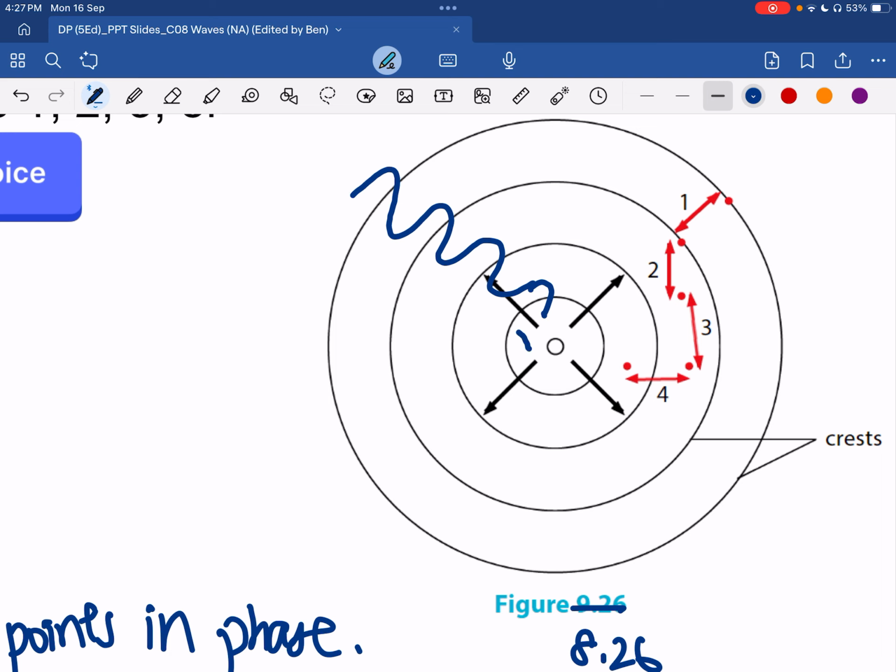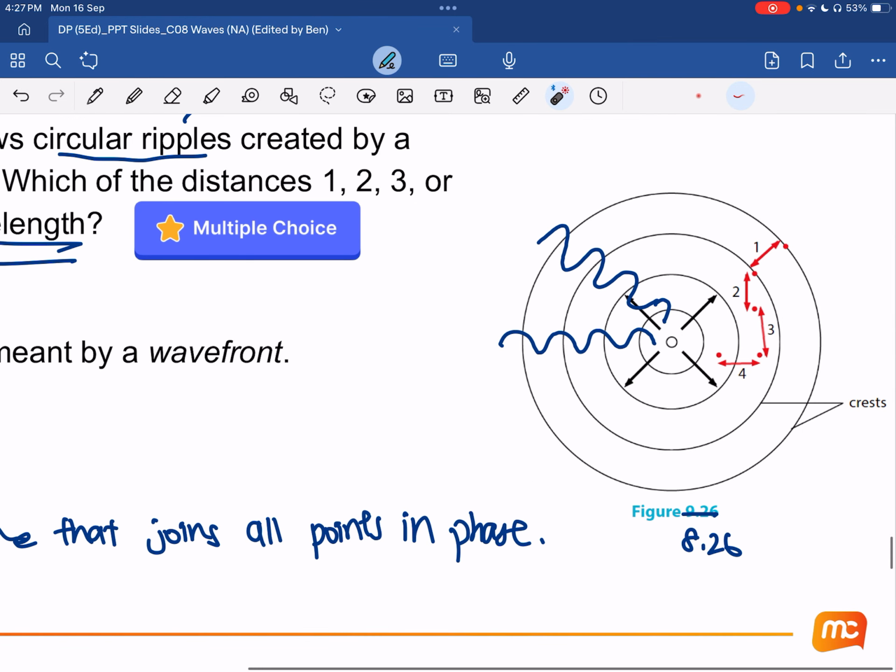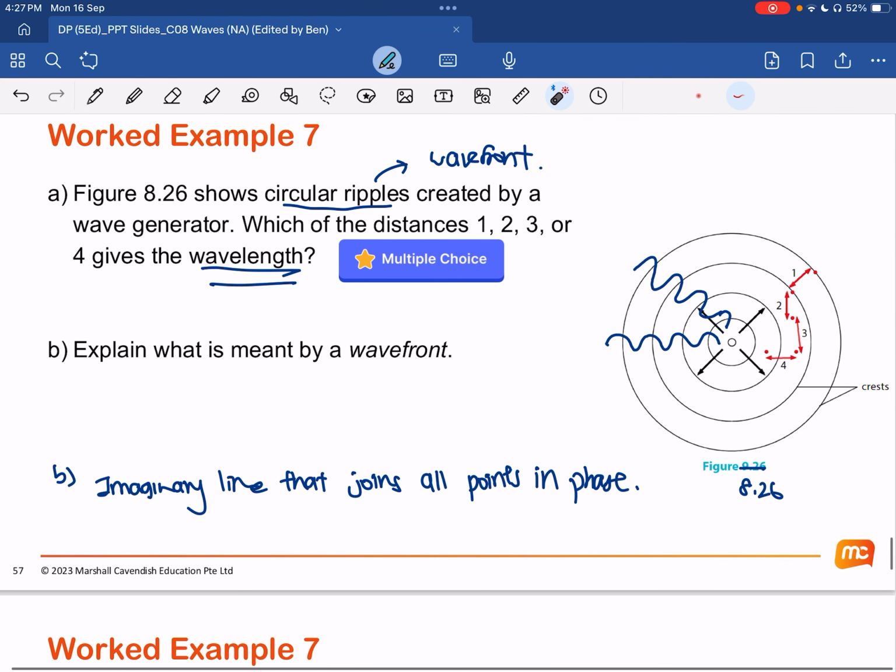So at every point, when it reaches the wavefront, this will represent the crest. Of course it's radiating out energy in every direction. That's what the circular means. So wavefront is just an imaginary line that joins all points in phase.